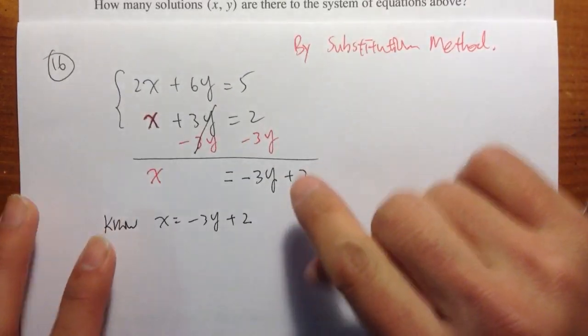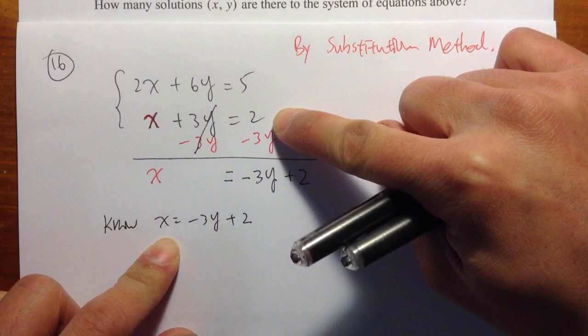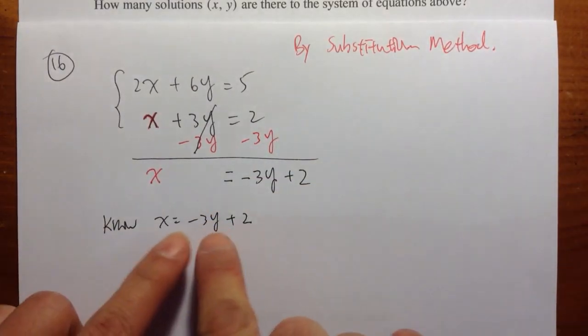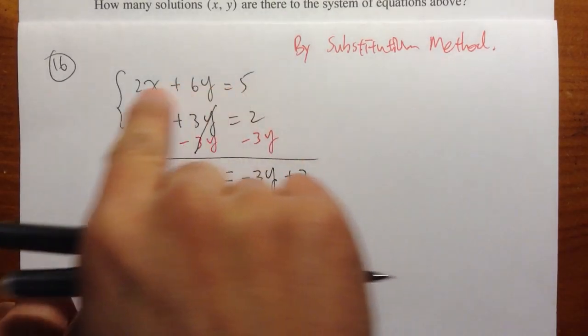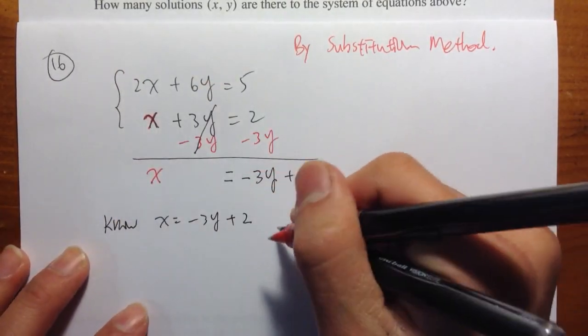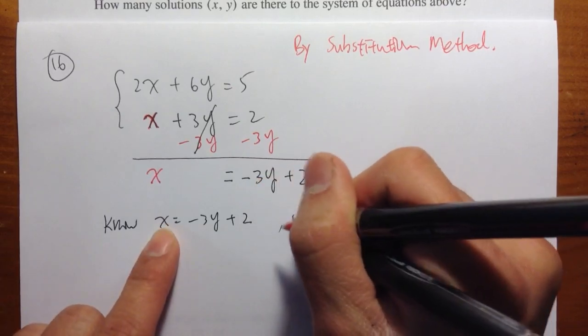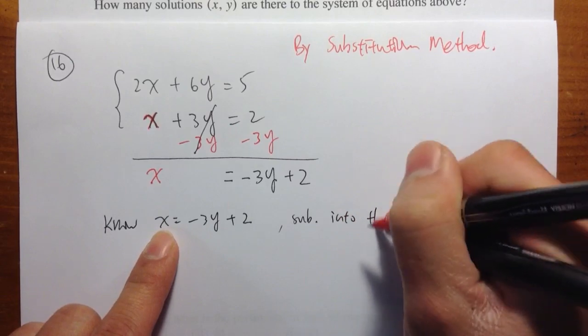Notice how we got this equation from the second equation. What I'm going to do is plug in this negative 3y plus 2 for the x in the first equation. So I substitute this into the first equation.